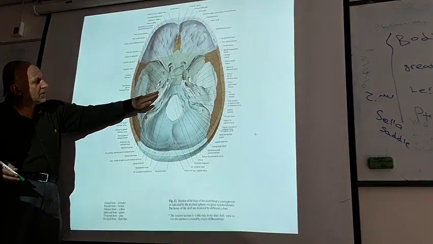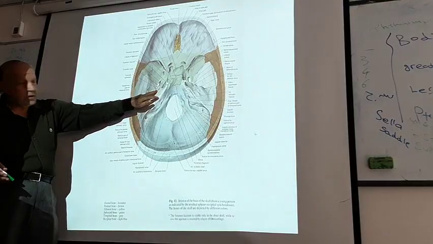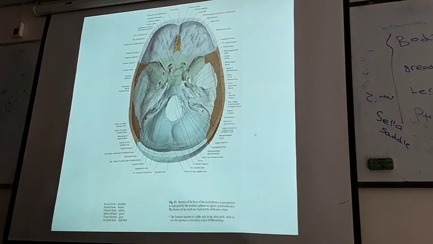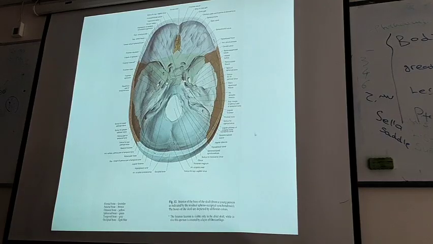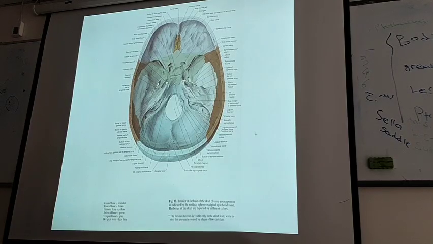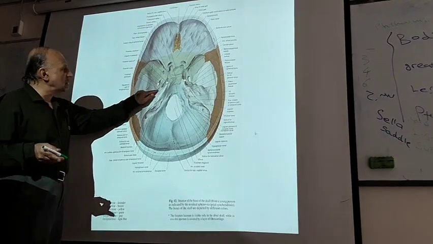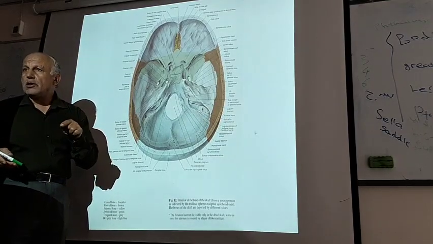Because here is a spine, the spine of the sphenoid. Not a spine of the greater wing, because if you say a spine of the greater wing, this means the lesser wing has a spine. But the lesser wing doesn't have any spine. Thus the name of this spine is the sphenoidal spine.